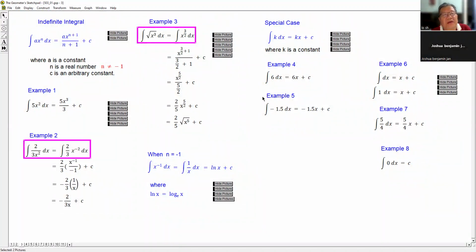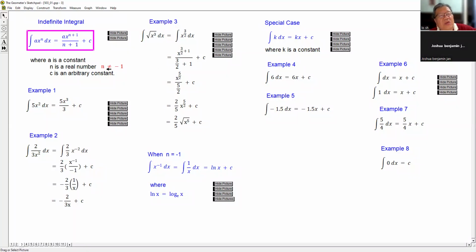But this formula cannot be applied in the case when n is -1. So when n is -1, we are actually talking about integrating x to the power -1 with respect to x. In other words, we want to integrate 1 over x with respect to x.